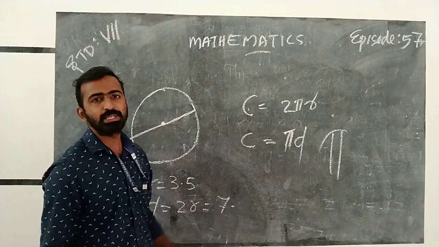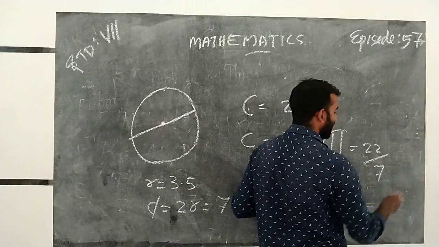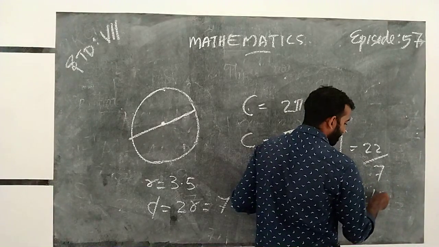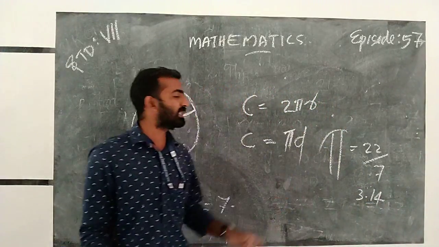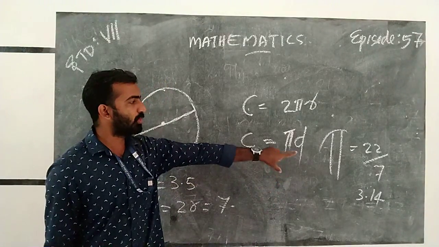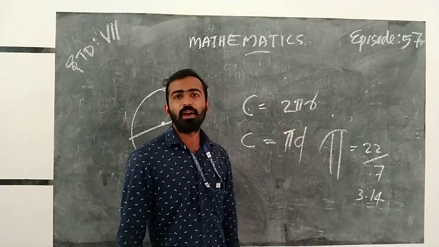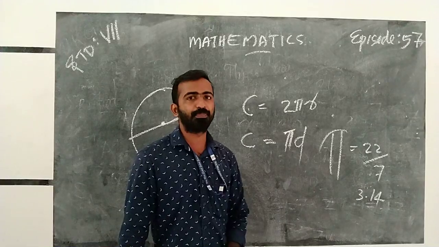Pi is approximately 22 by 7 or 3.14. The value of pi is 22 by 7 or 3.14. That is the approximate value of pi.